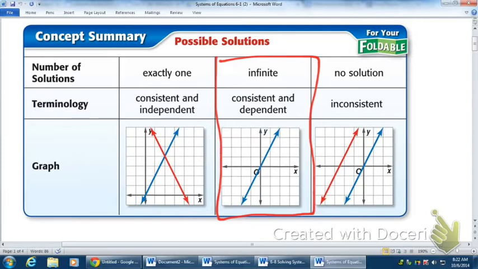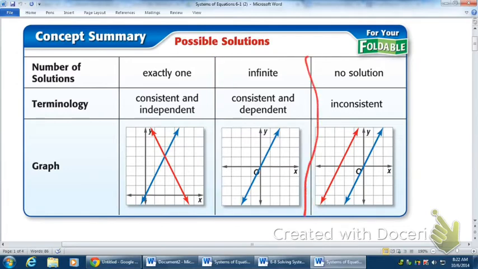Once you work it out, you'll see those two equations end up being the same. So essentially, they're infinite. As we work more with it, you'll catch on a little bit. I promise it's not as hard as you think. It's fairly simple.